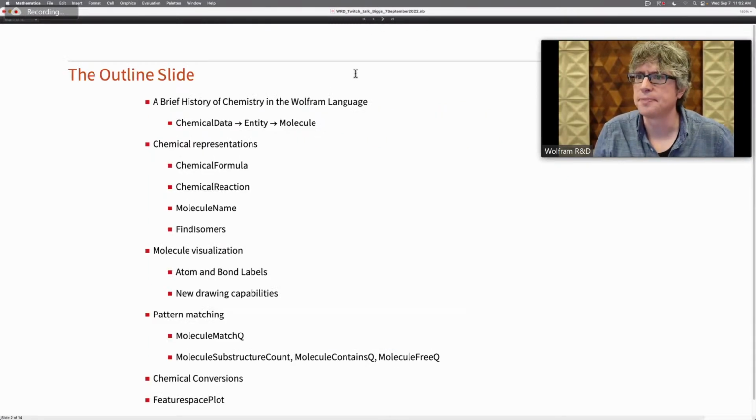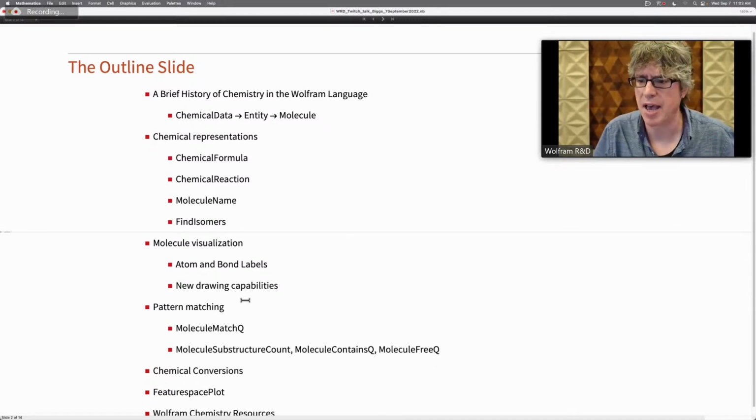Okay, so just as a brief outline, we'll go over a history of everything that's been in the Wolfram language for chemistry first, and then we'll go over the different symbolic representations that we have for representing chemicals. And I think that's a pretty interesting topic. Then we'll go over how you can do visualization, plotting in 2D and 3D, a little bit of pattern matching.